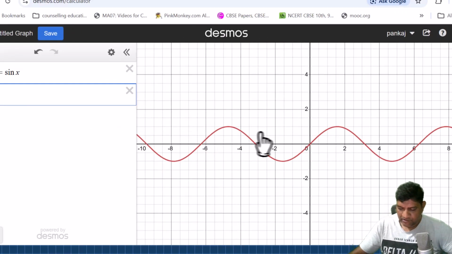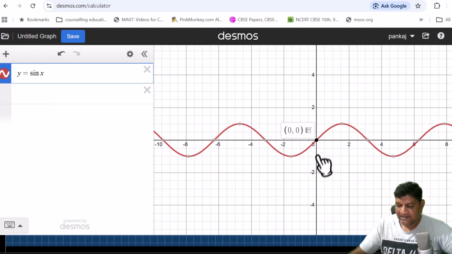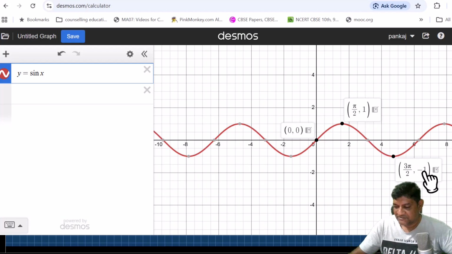So what you're seeing here is a sine function. You can see that the sine function has the maximum of 1, and that maximum is happening at pi by 2, and then a minimum of negative 1, which is happening at 3 pi by 2, and then the period of the function is going to be 2 pi, because after 2 pi, the function is simply going to repeat itself. All right, so that's your sine function.